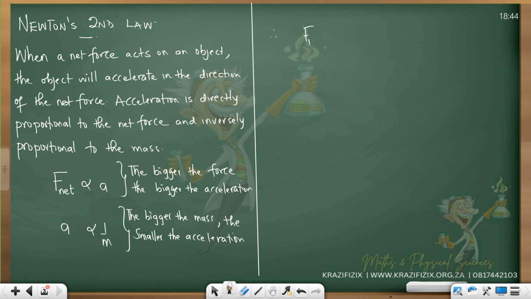Therefore, F net equals ma. F net is the sum of all forces acting on an object.